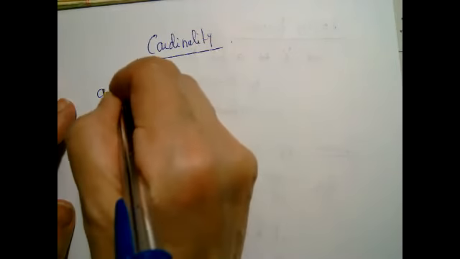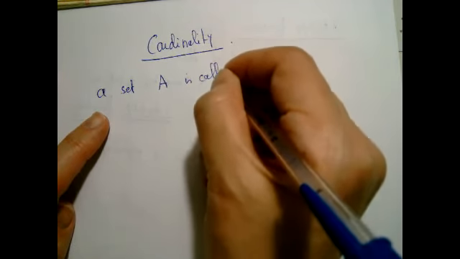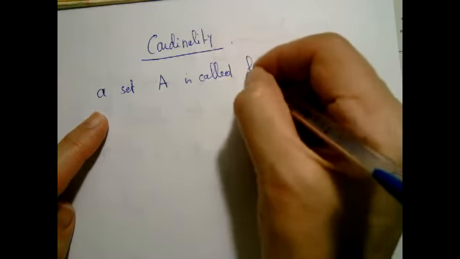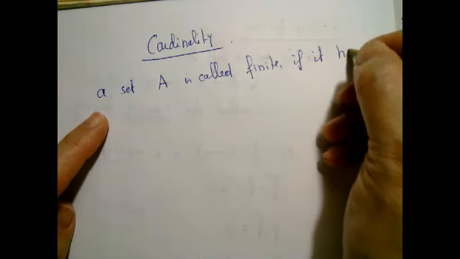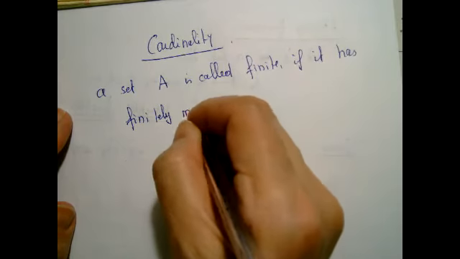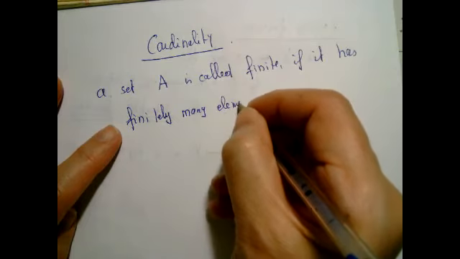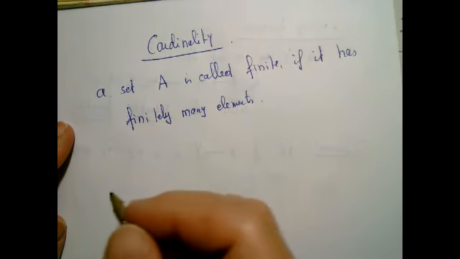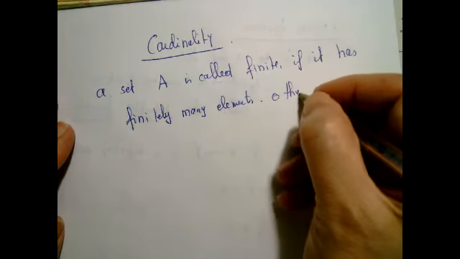Let's remember: a set A is called finite if it has finitely many elements. So 5 elements, 6 elements, 100 elements, 1,000,000 elements, but finitely many elements. And otherwise it's called infinite.